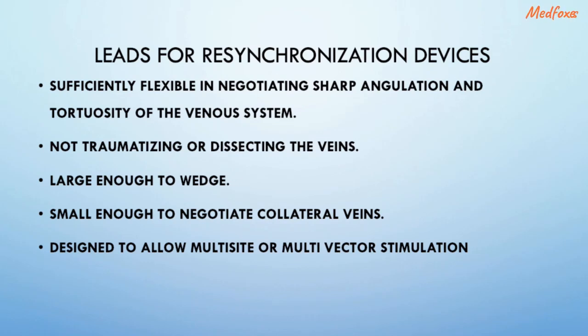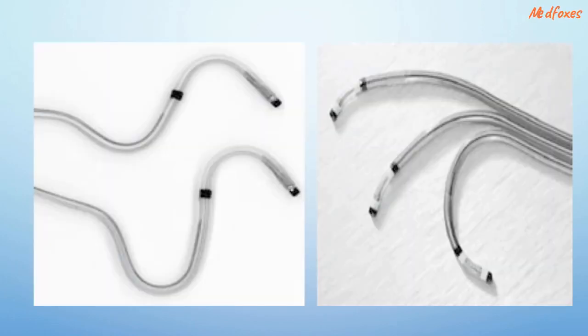Coronary venous leads should be maneuverable to any intramyocardial location to decrease the likelihood of extracardiac stimulation, and should be designed to allow multi-site or multi-vector stimulation. You can see in this slide the typical images of biventricular pacing leads for the coronary sinus.